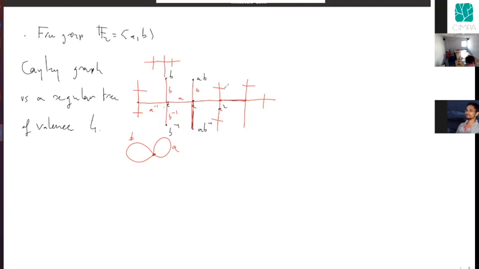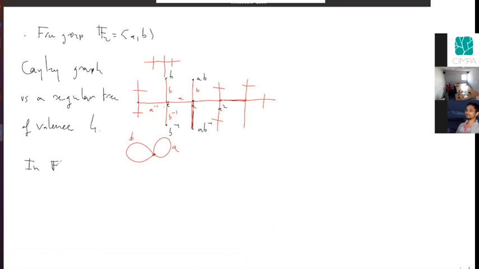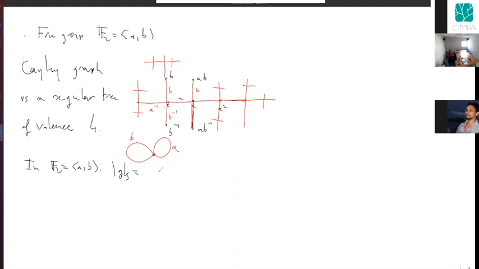So for the free group, seen as generated by A and B, that is the natural set of generators, the word length is equal to the number of letters of the reduced representative.